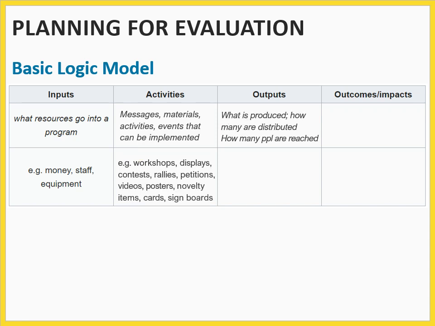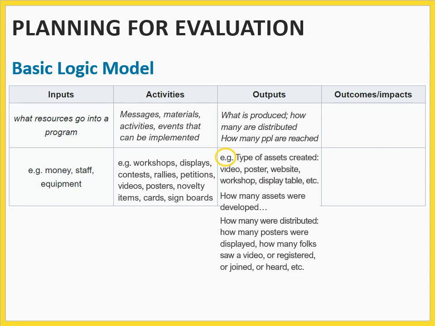A logic model typically shows outputs, that is, what is produced or how many things are distributed, how many people are reached. So examples of outputs might be the type of assets that were produced. Did you produce a video, a poster, a website, a workshop, a display table, and so on?